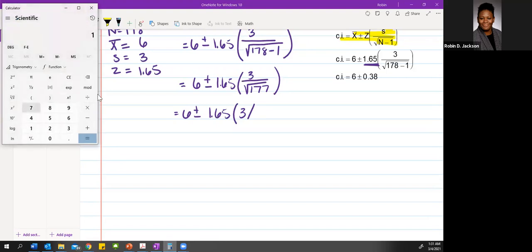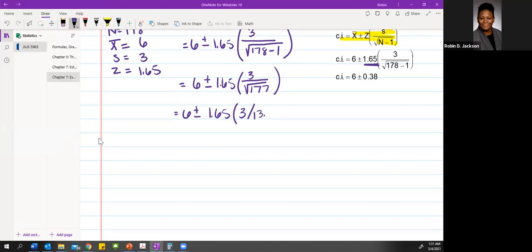The square root of 177 is going to be 13.30, and it's a 4 following the 0, so we will not round up. We will just have 13.30.